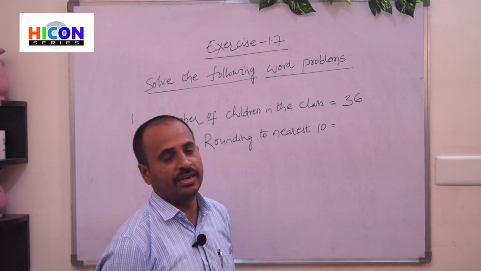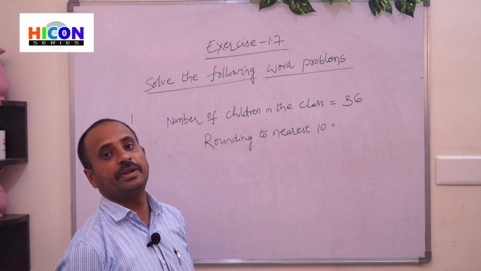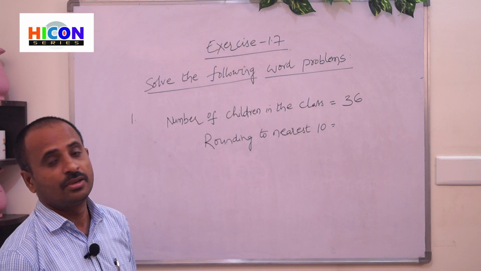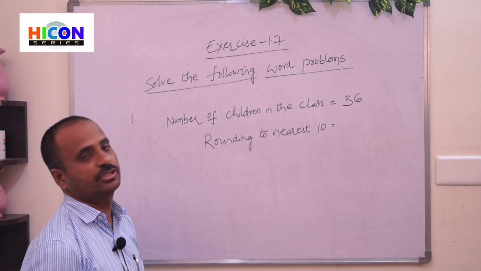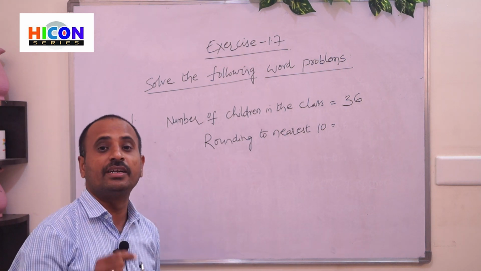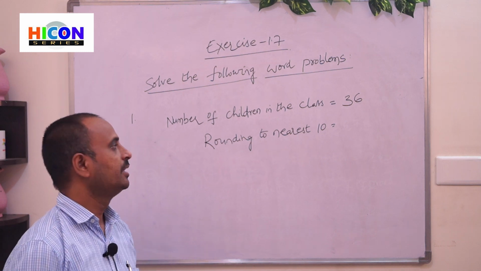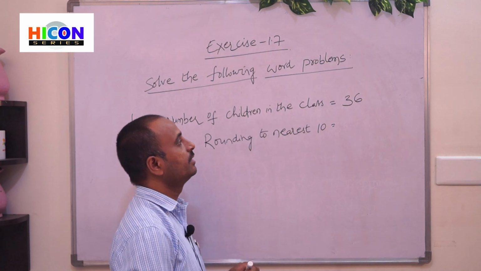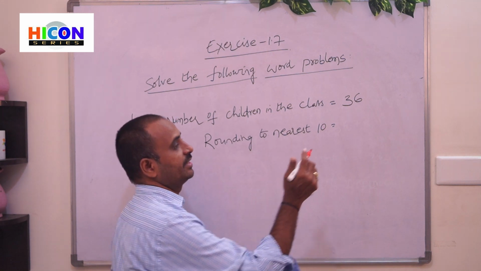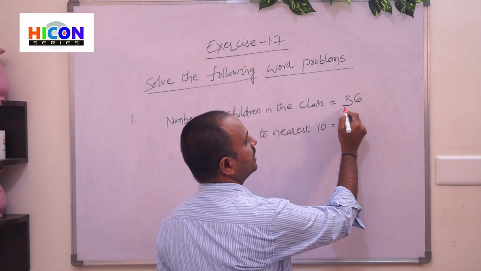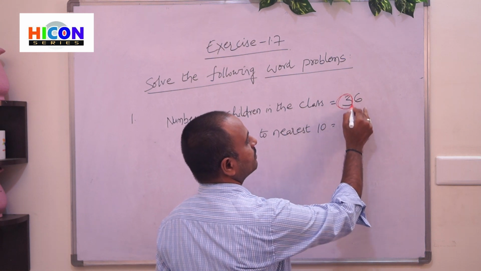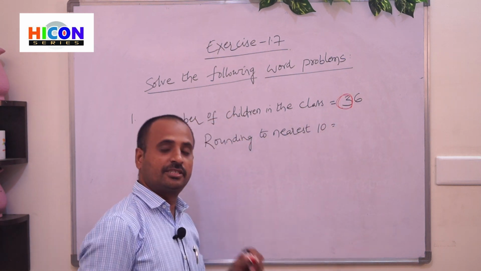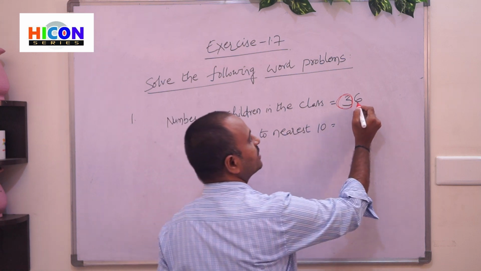Let us see, we have already explained in the previous one how to round the given number to the nearest 10. First, identify the digit present in the tens place. Here the digit present in the tens place is 3. Then check the next digit to it. The next digit is 6.